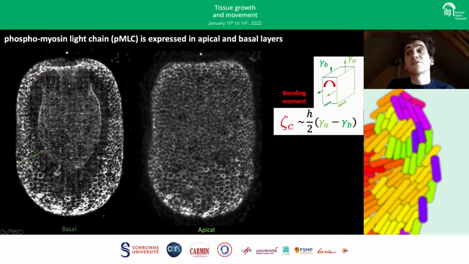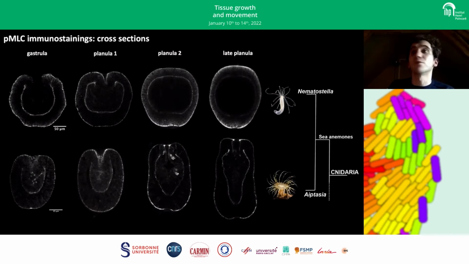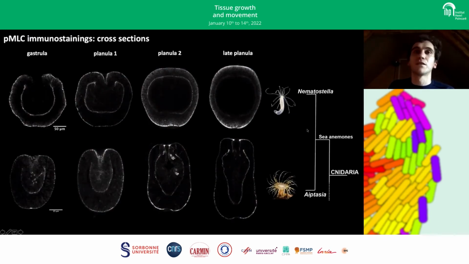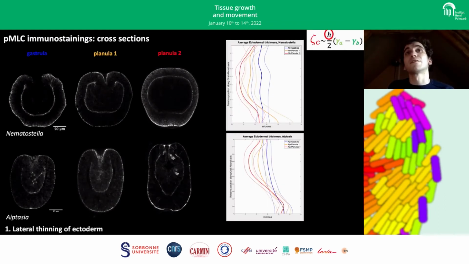What I did is I repeated the same kind of experiments with the same antibody against phosphomyosin across the gastrula to planula transition in both my species. And I'm interested in these three parameters I put here: H, gamma A, and gamma B. In this cross section, you can see first that the thickness of the layer evolves.